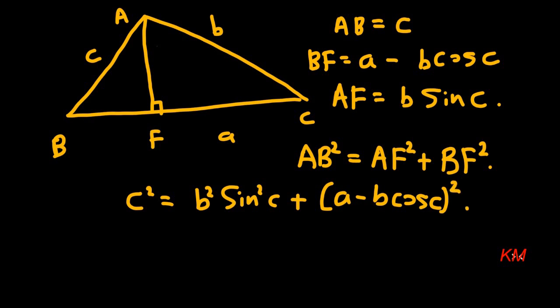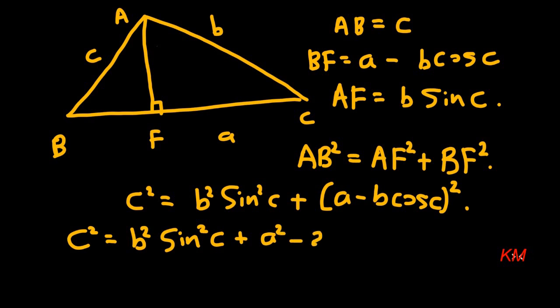Now we need to simplify this expression like this: c square equals b square multiplied by sin square C plus a square minus 2ab cos C plus b square cos square C.